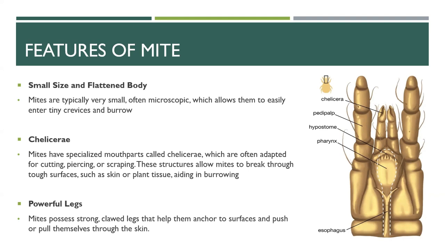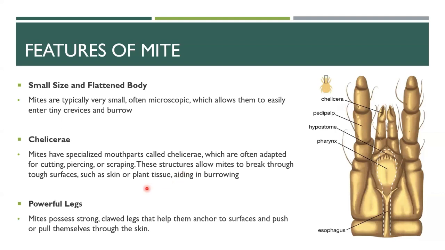On top of that, it has some very interesting features around the mouth parts, which are called chelicerae. This part is adapted for piercing through or cutting through the skin, so that we can break it open and enable the mite to burrow through.